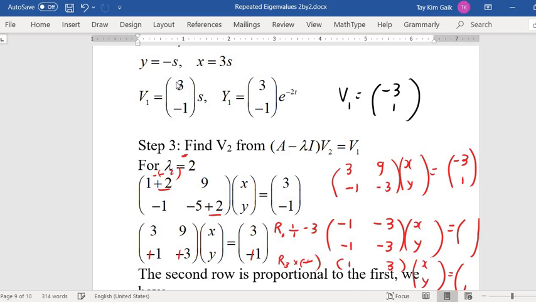Because this variation is v1 is 3, negative 1, where y is negative s. Okay, y equal to positive s. And then take row 1 divided by 3, and divide by negative 3, this is positive 1. Negative 1 by negative 3 gets back positive 1.